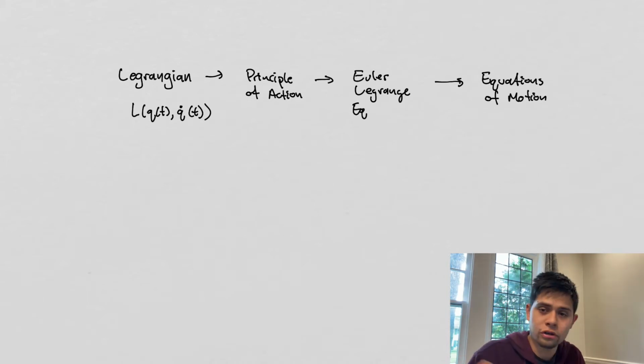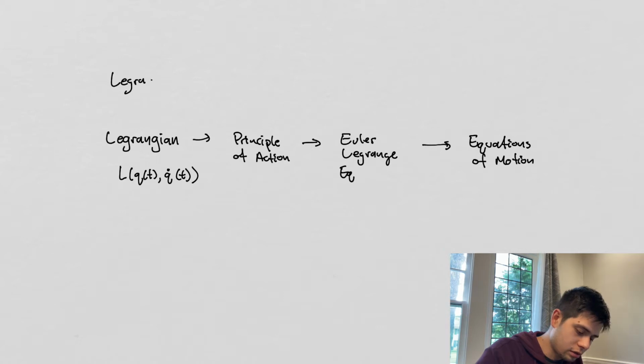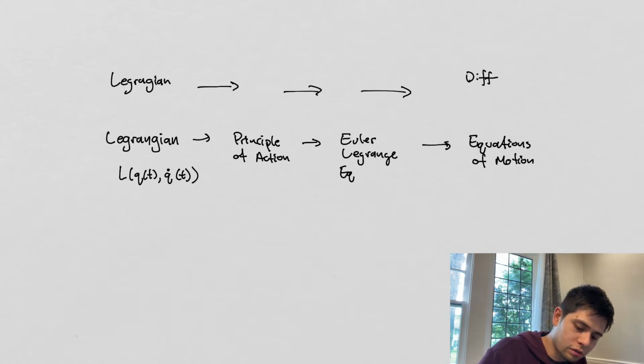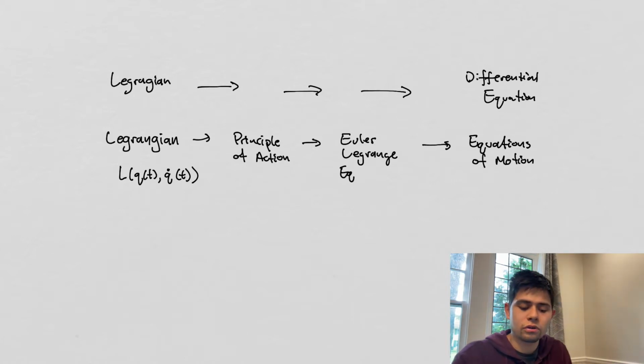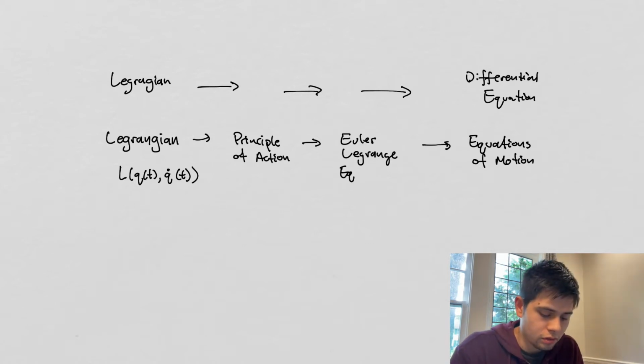From a bird's eye point of view, you can go through all of these steps to get a differential equation, because the equations of motion are really just differential equations. So we could generalize this if we wanted to.